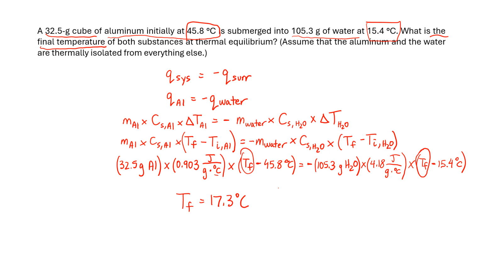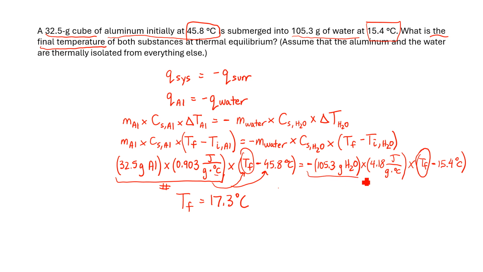Now, realize that there's many ways you can go about this. You can multiply some of these terms and move some stuff around, right? I find it easier to just move everything over on the left and just have T final left alone on the right. You can multiply these two terms, and whatever the answer is, some number, you can then distribute that number over to both of those.